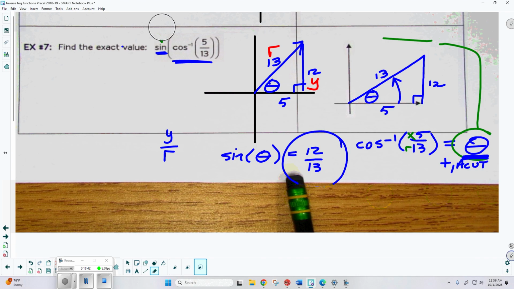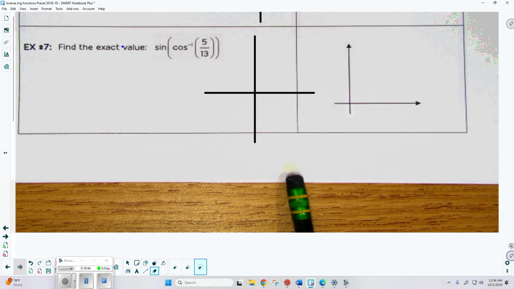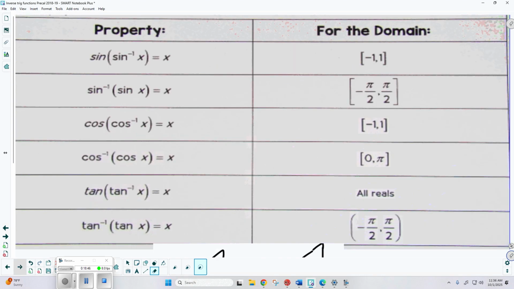Well, let's look at this. Now, I'm just going to go ahead and mention this briefly. This was the first part of your packet that we looked at. Oh my gosh, was it last week? I think it was. And I said right now we're going to go ahead and skip it because we haven't gotten to compositions yet. Now, these are basically going to say that if you have this particular setup, it always has to be a trig function and its inverse.